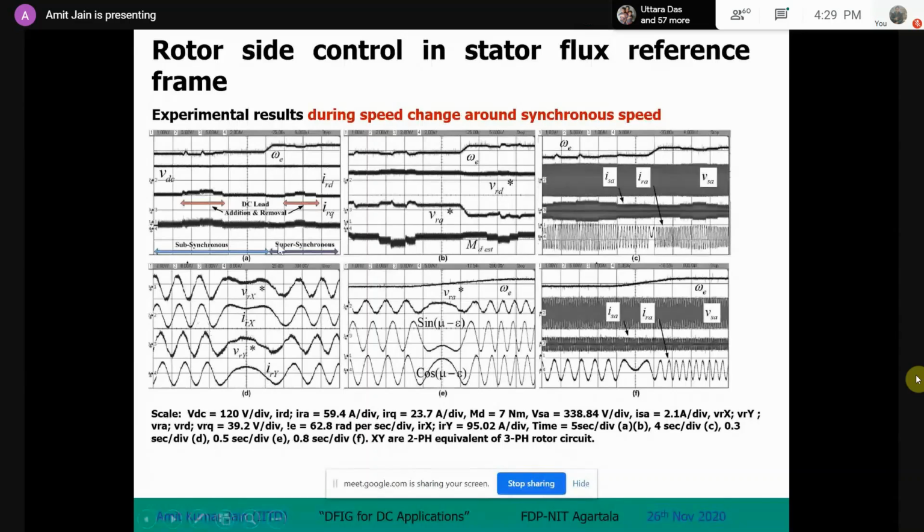The phase sequence of the rotor voltages will vary, right? In subsynchronous mode, power will go into the rotor and in supersynchronous mode, power will come out of the rotor. So this is a classical way of representing the speed reversal.